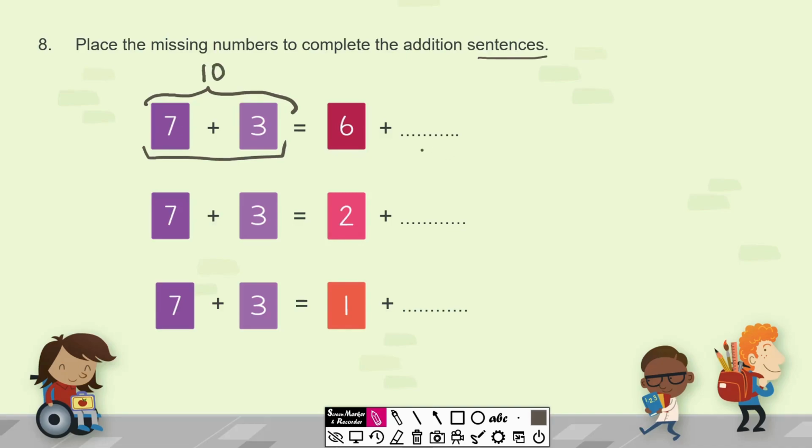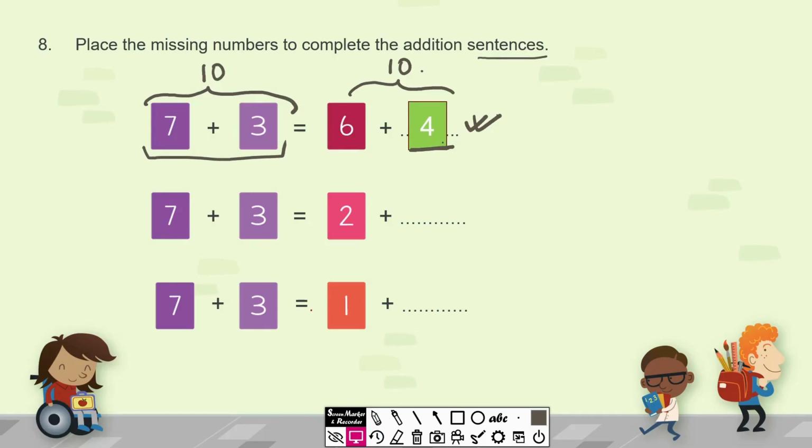So, we need to write a number here which will add to 6 to become 10. Yes. So, 6 plus what is equal to 10? Tell me. Yes. Very good. 6 plus 4 is equal to 10.